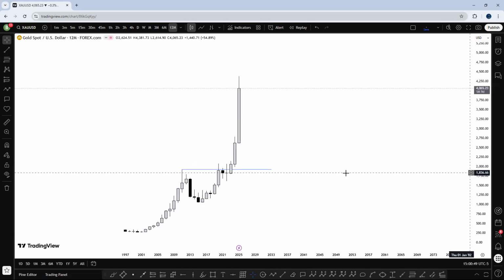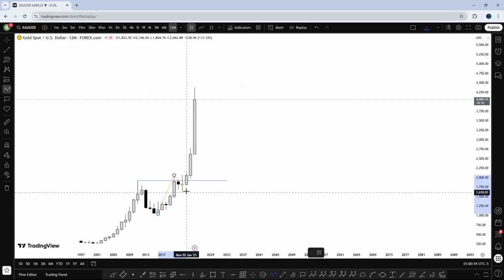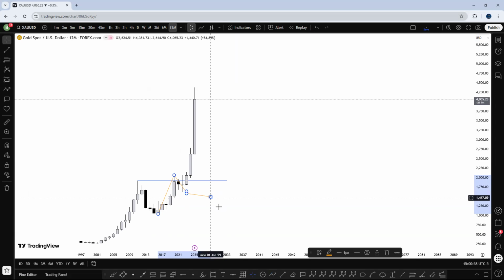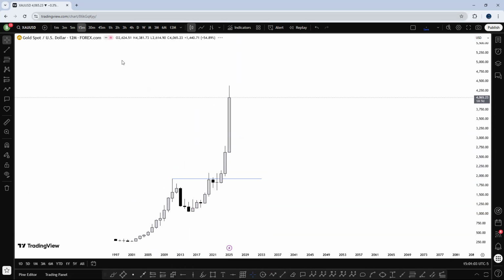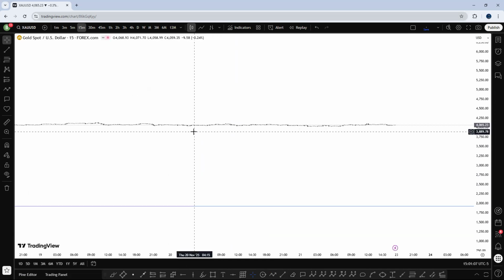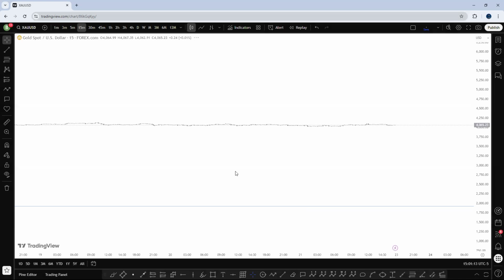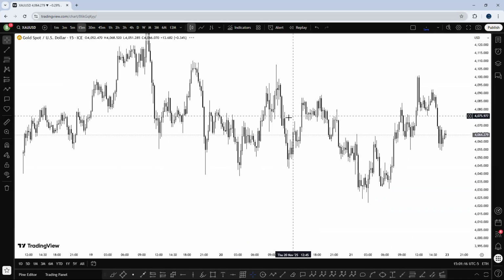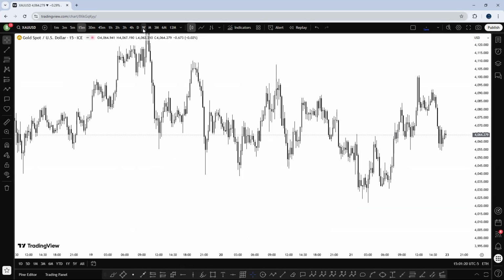So the question is, when will we have another pullback? Sorry, we are moving like this. I think. Oh, let me find another broker. Okay, ICE, because I'm not seeing exactly the right structure.